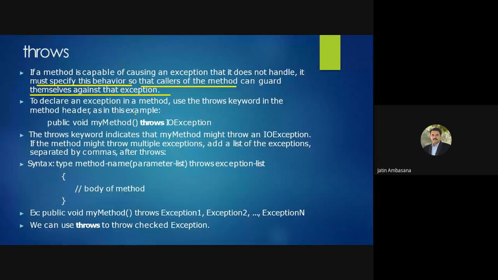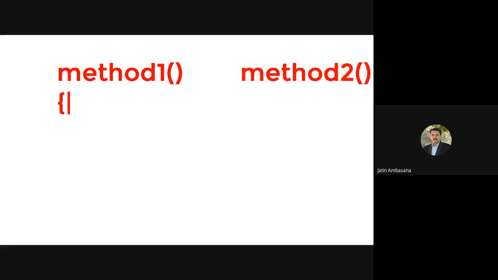It's something like this. Suppose I have a method 1 and a method 2, and method 2 is able to throw an exception.